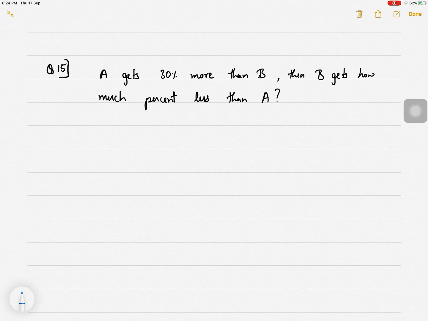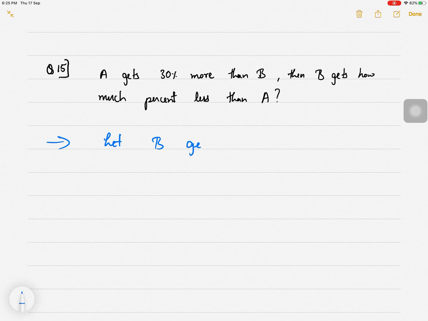A gets 30% more than B. Then B gets how much percent less than A? Okay. A gets 30% more than B means here B is base. Right? So A gets 30% more.